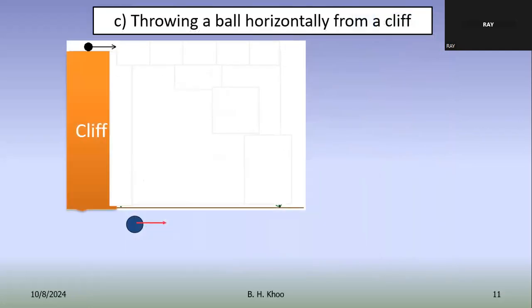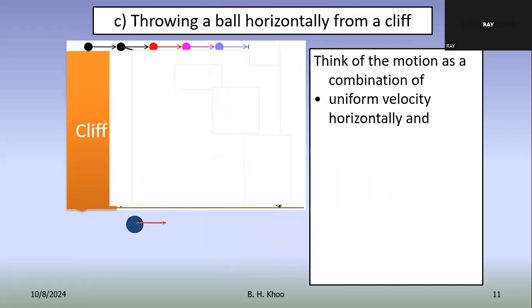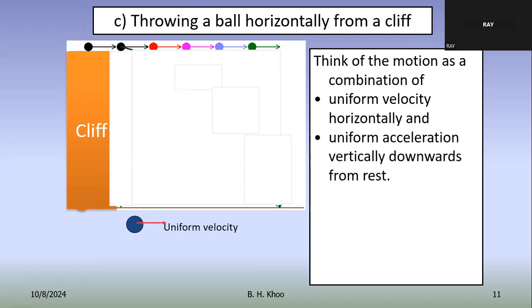Okay, throwing a ball from a cliff horizontally. Think of the motion as a combination of uniform velocity horizontally and uniform acceleration vertically downwards from rest.